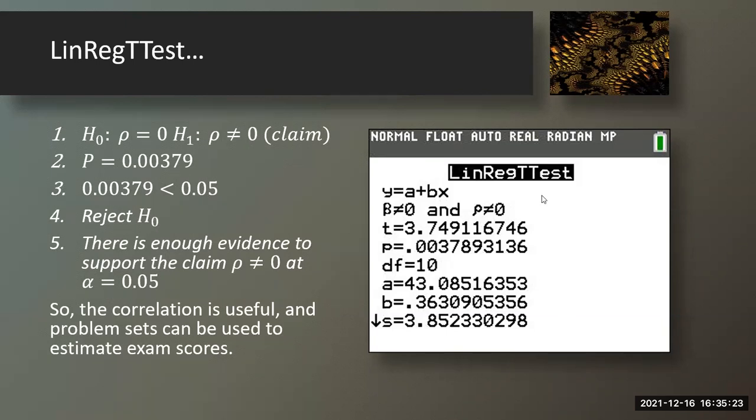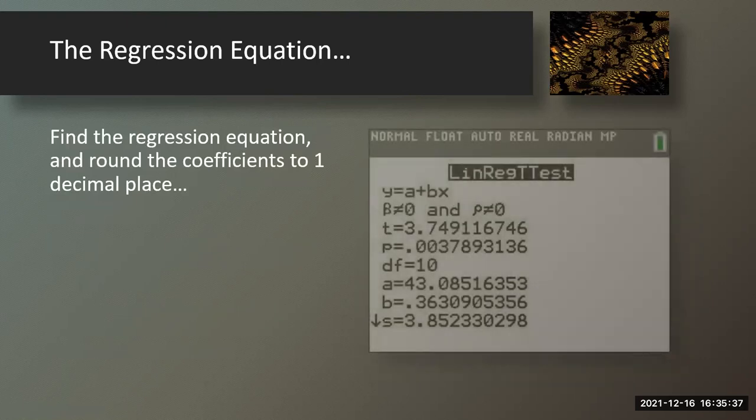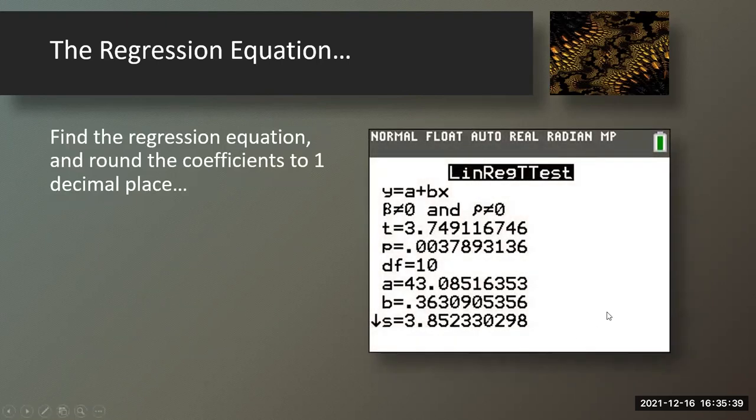You'll note that the first thing on the linear regression t-test output screen is y equals a plus bx. That is our regression equation. And we'll want to round the coefficients to 1 decimal place. And I picked them right off of here.